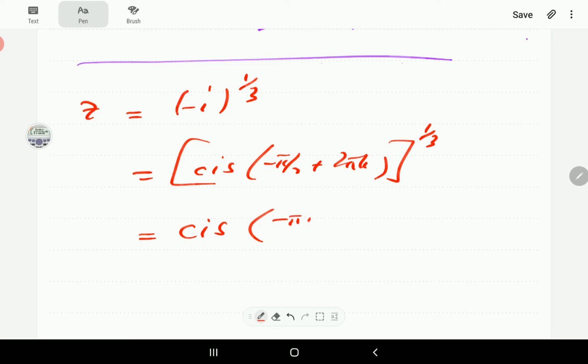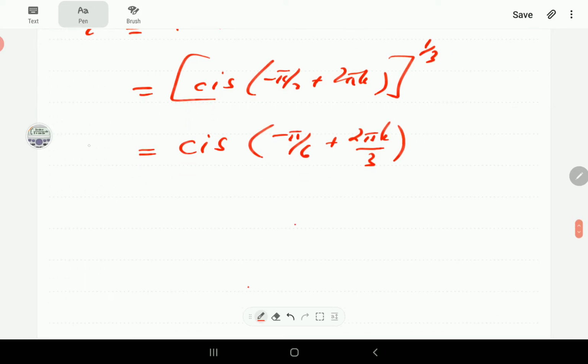So it's going to be -pi/6 plus 2 pi k over 3. At this point, I'm going to denote this z_k. Then we just choose values of k and get our 3 roots. When k is 0, for instance, this is simply going to be cis of minus pi/6.